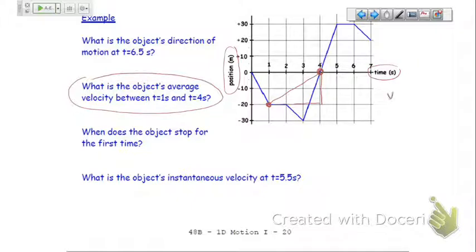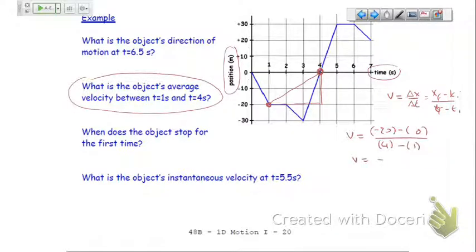You go velocity equals my change in position over my change in time, which equals final position minus initial position over final time minus initial time. So my velocity is going to be final position, minus 20, minus initial, 0, over final time, 4, minus initial, 1.